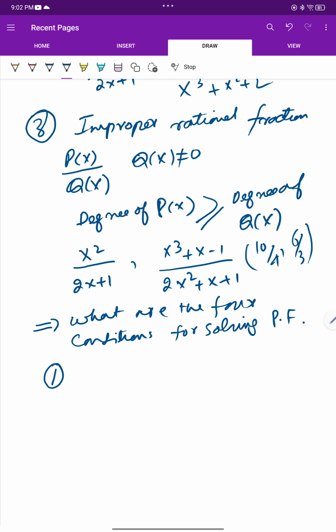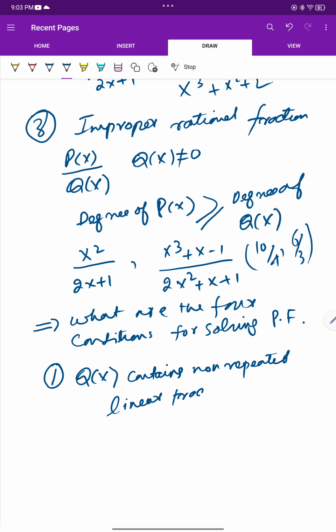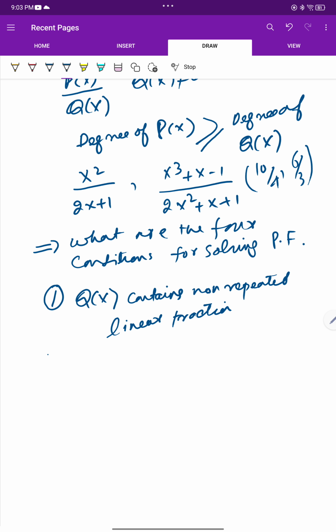The first one is very important. In q(x), the denominator contains a non-repeated linear factor. This is the first condition.